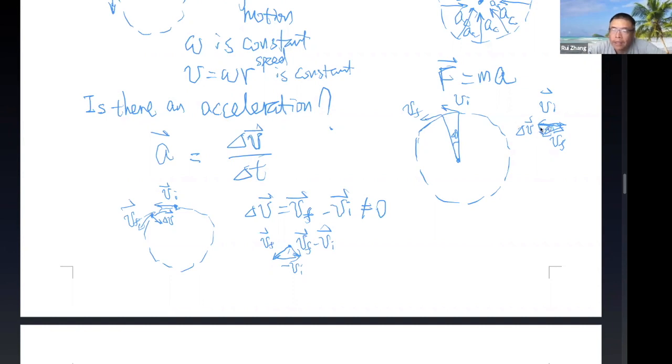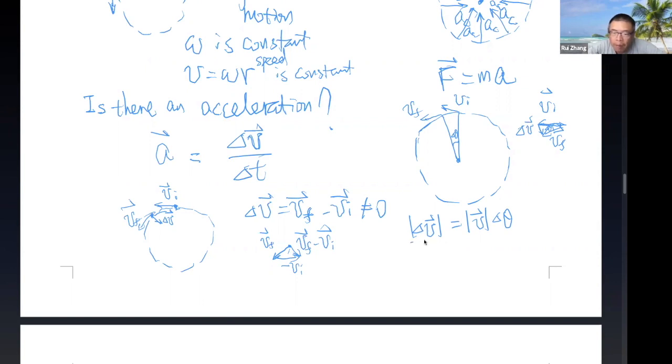So the magnitude of delta V roughly equals V times delta theta. This is the arc length, this is the radius, this is delta theta, so it's similar to this one. So delta V equals V times delta theta. What does that tell us?